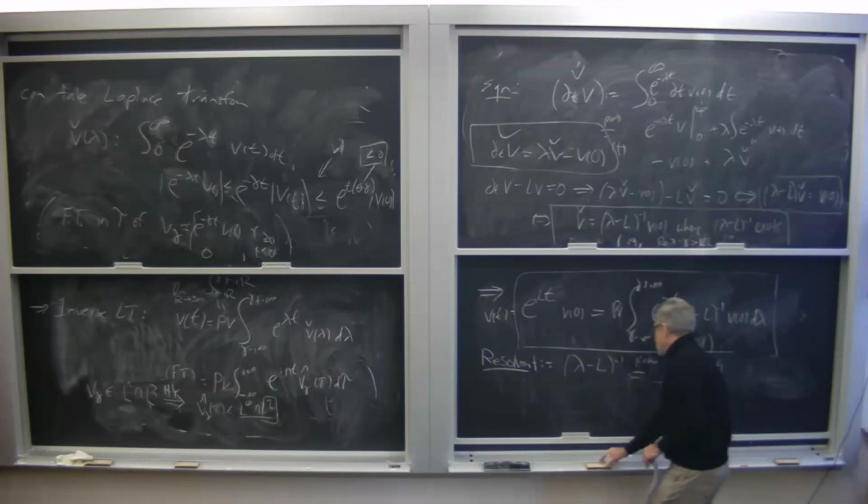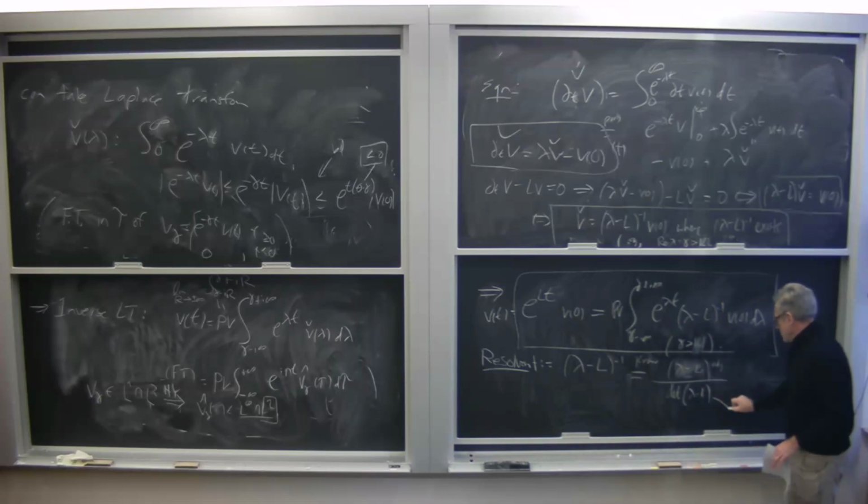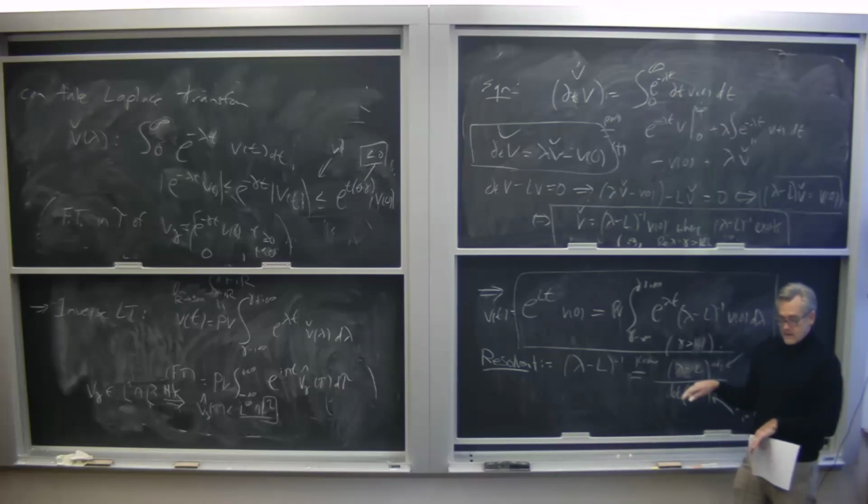Sorry, this is, of course, the adjugate of lambda minus L over the determinant of lambda minus L. And this is the characteristic polynomial. It's degree n in lambda. The matrix of cofactors, these are determinants of size n minus 1.